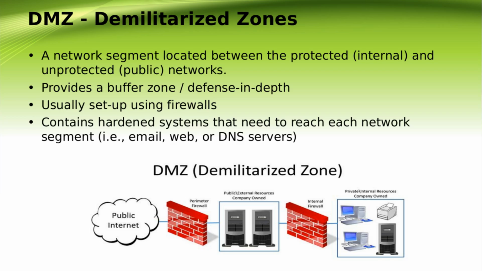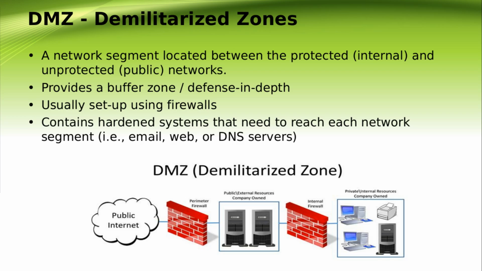You can see in the picture, a DMZ can also be deployed through the use of a multi-homed firewall, with the perimeter firewall and the internal firewall, one on the internet, one on the private LAN, and one to the DMZ. You can also just Google how DMZs work to get more information about that.